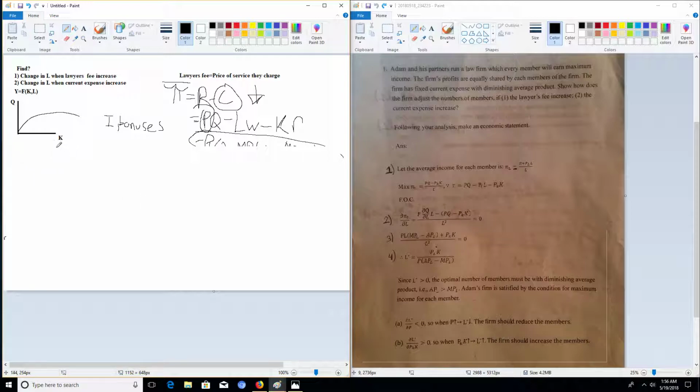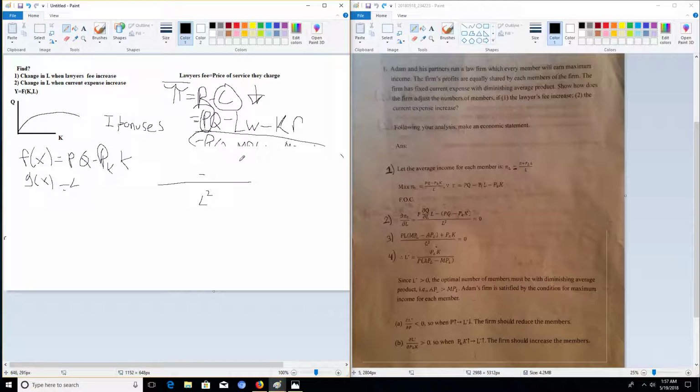As I just said, f of x is going to be equal to pq minus p sub k times k, and g of x is going to equal L. So for the denominator, it's just going to be L squared. Super simple.